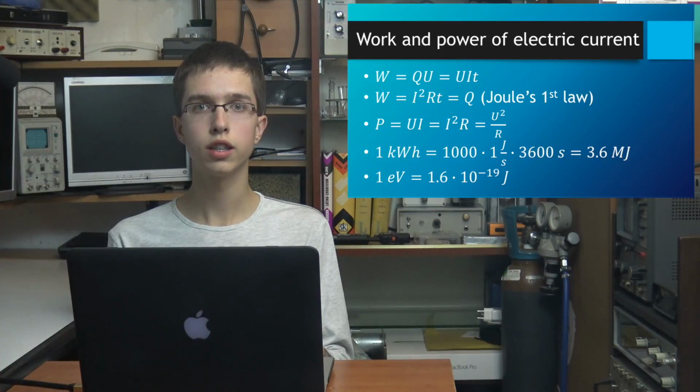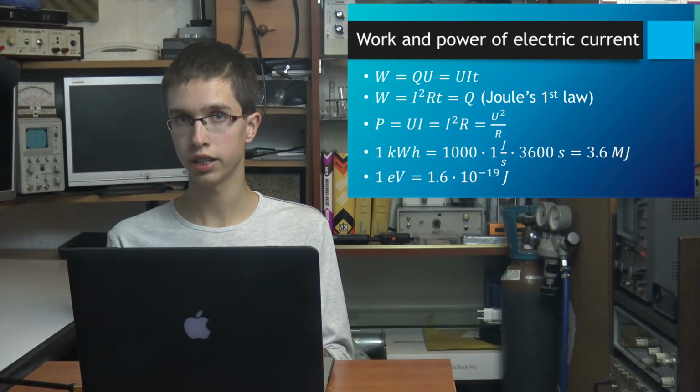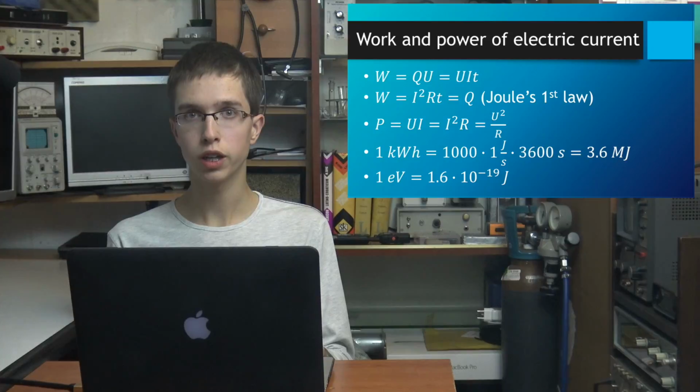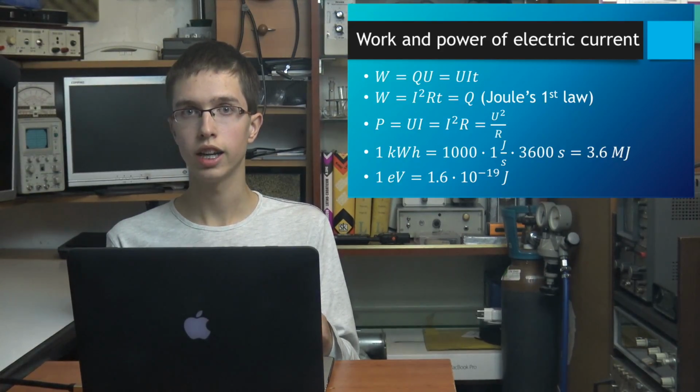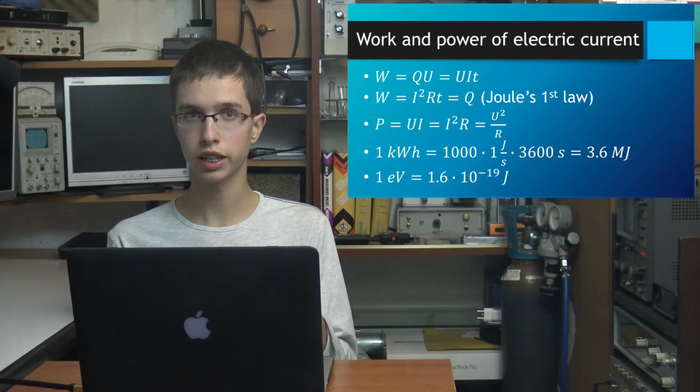The formula that W is I squared R t, equal to Q, where Q is in this case heat rather than electric charge, is called Joule's first law. This is the law which describes the process of releasing heat energy as a result of resistance which partly blocks the flow of current. This getting of heat from electric energy is called Joule-ohmic or resistive heating.